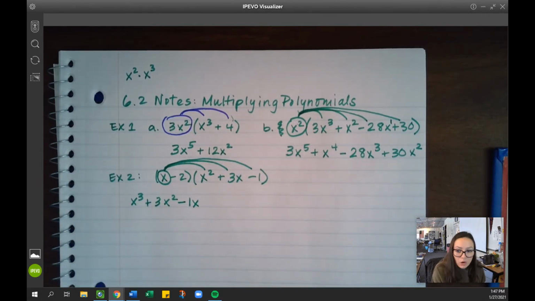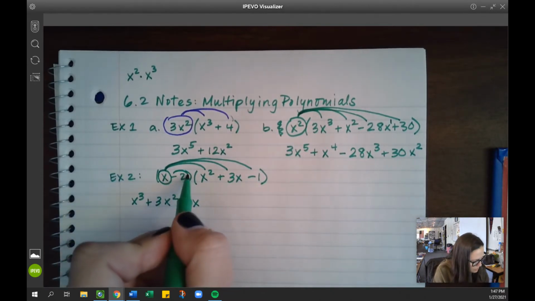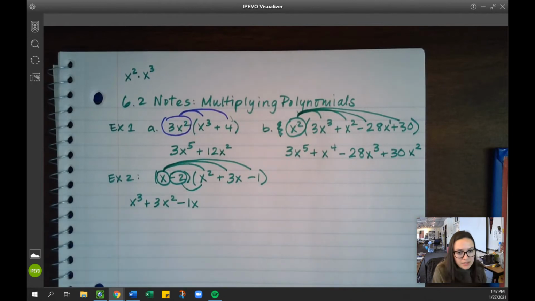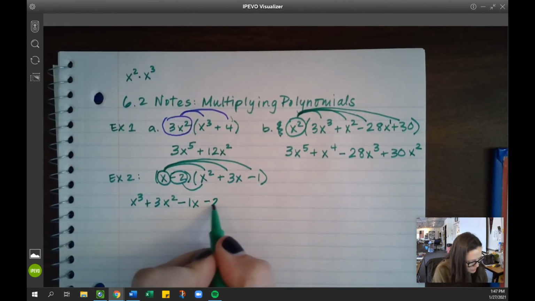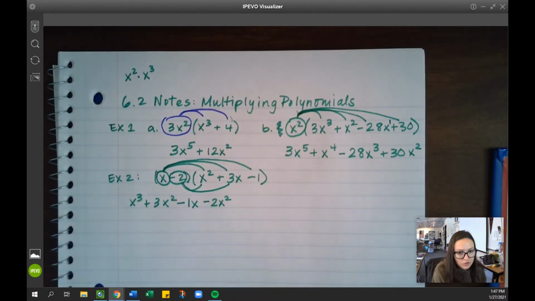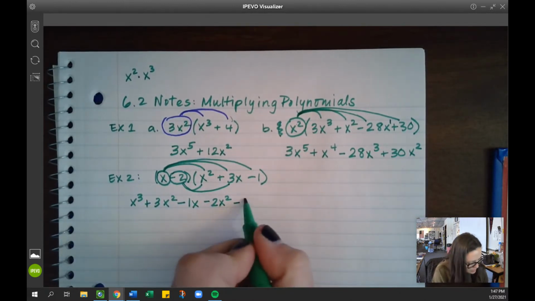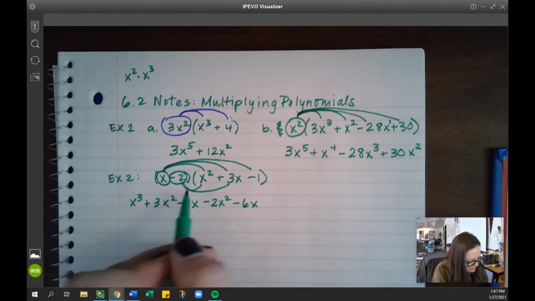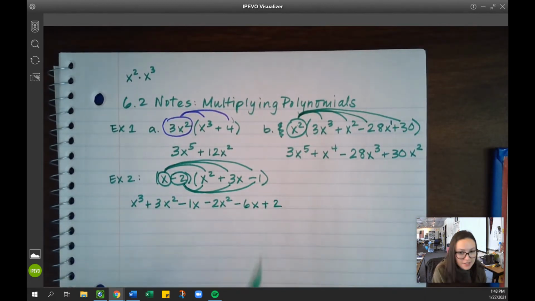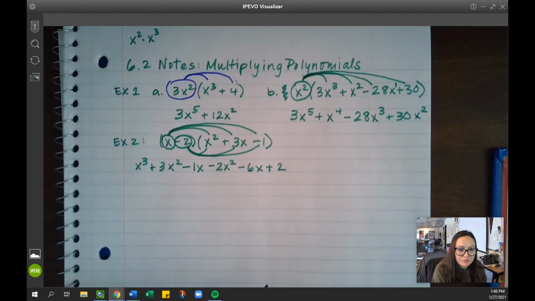Okay, now I'm going to repeat the process, except now we are going to distribute the negative 2. Negative 2 times x squared gives me minus 2x squared. Negative 2 times 3x gives me negative 6x. And then negative 2 times negative 1 gives me plus 2.